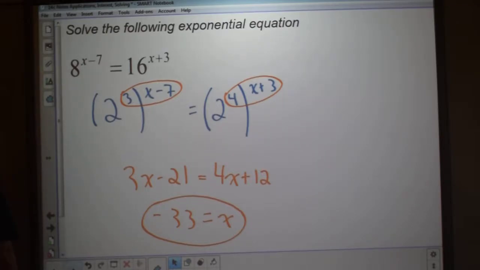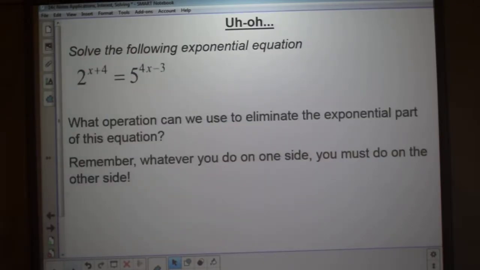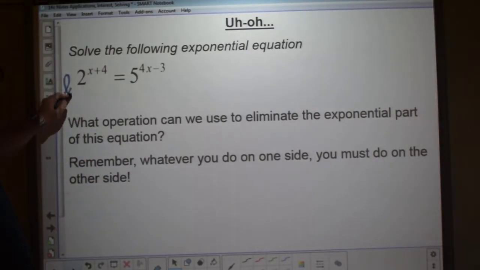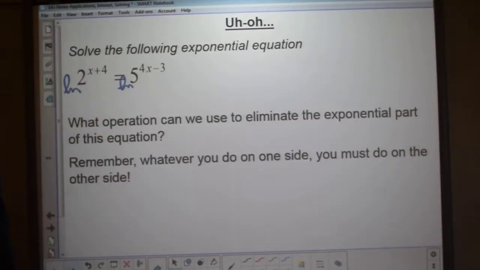But that doesn't always work. No matter how much you try, you cannot rewrite 2 and 5 as the same base. So what can we use to eliminate the exponential part of this equation? We're going to take a log of both sides. I'm going to use a natural log. Again, it'll make more sense when you take calculus why natural log is better to use. It's also just easier to write. If I do the same thing to both sides, that's legal.